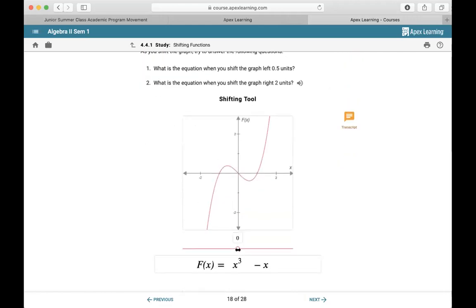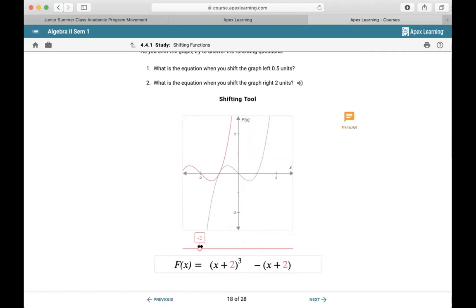If I move 1 unit to the left, I have to add 1 to both of my x values. Same thing, if I went to 2, I have to add 2 to both of my x values, because again, I'm replacing x with x plus 2.